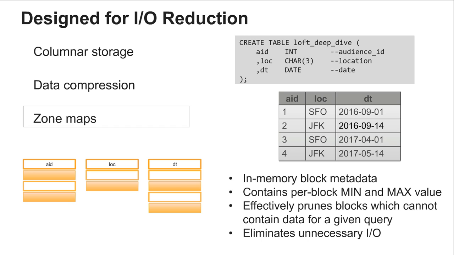In memory we store min and max values for each of them. When a query comes in with a predicate, like we're going to filter some data, we can check those min and max values in memory before we ever hit disk, and that allows us to eliminate data, or reduce I/O, I should say.